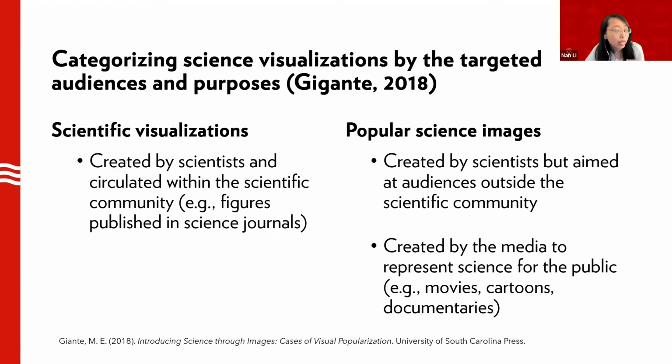Those are created by and for scientists. On the other hand, you have popular science images, some of which are created by scientists but aimed at audiences outside of the scientific community. So they serve a public communication purpose. You also have popular science images that are created by the media to represent science for the public, like sci-fi movies, cartoons, comics, documentaries, YouTube videos, stuff like that.